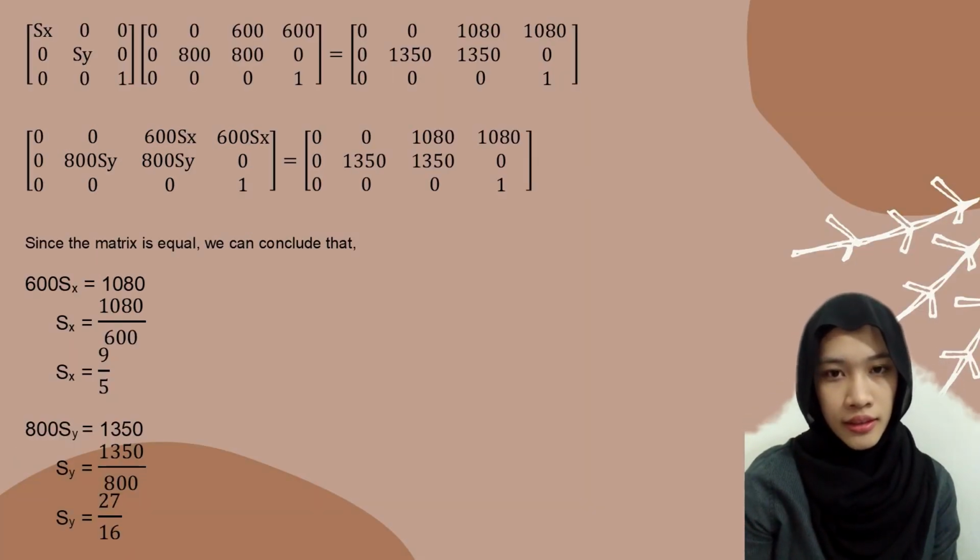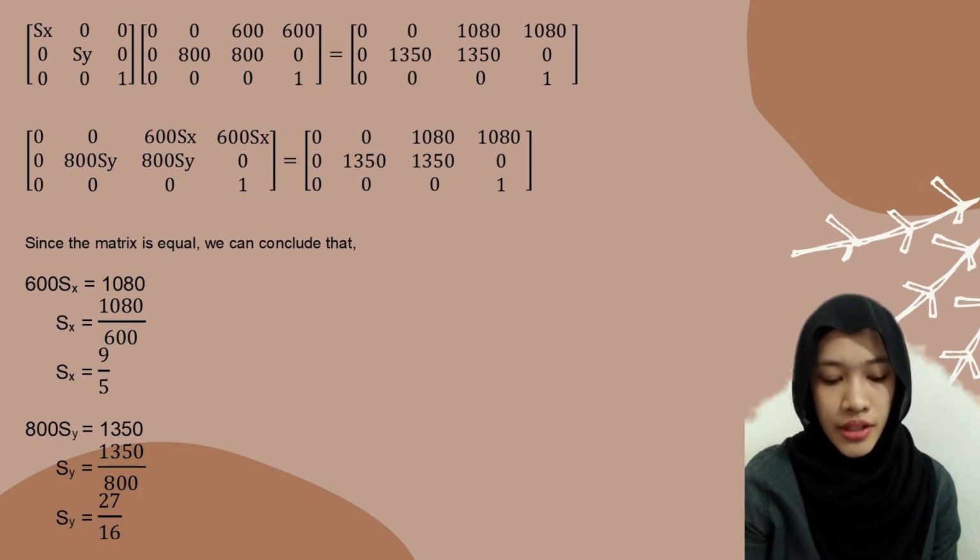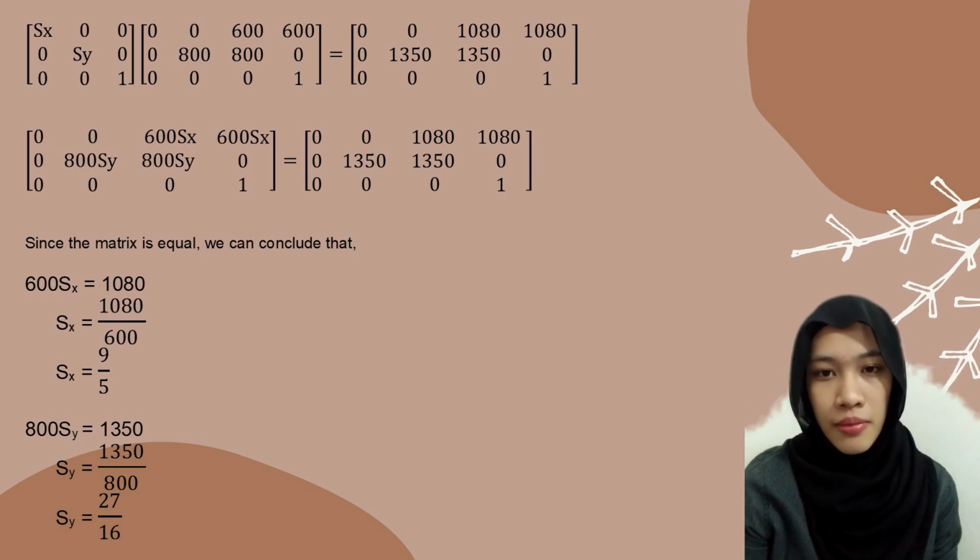After finding the matrix form, we need to create an equation where the scaling matrix multiplied by our original picture matrix equals the Instagram posting dimension.